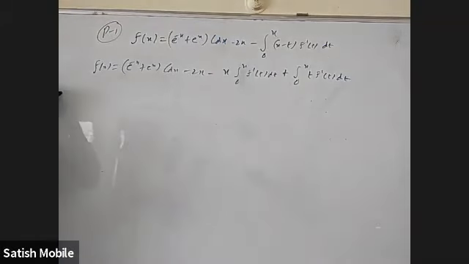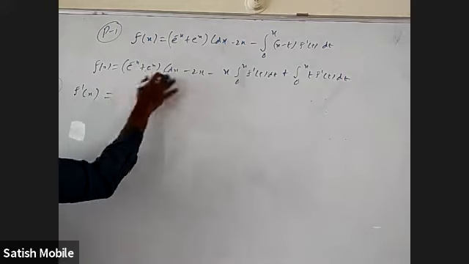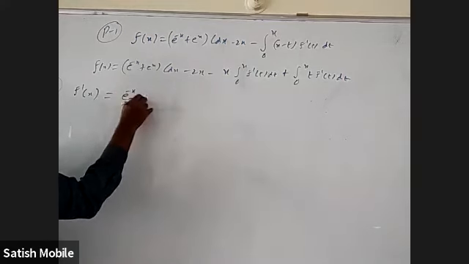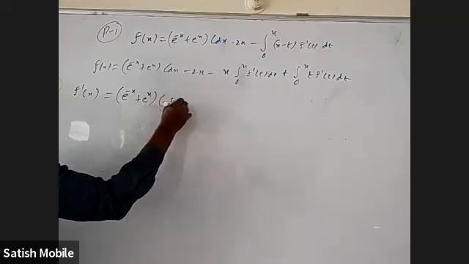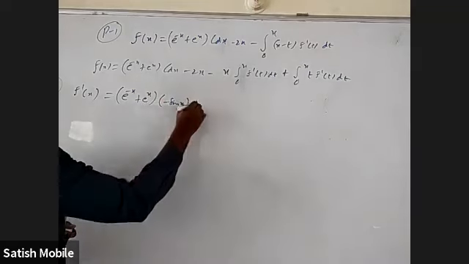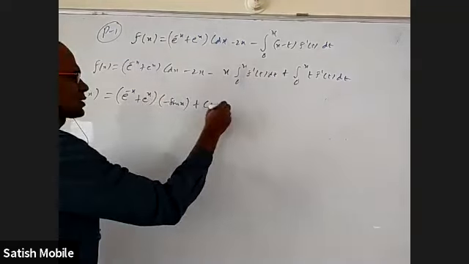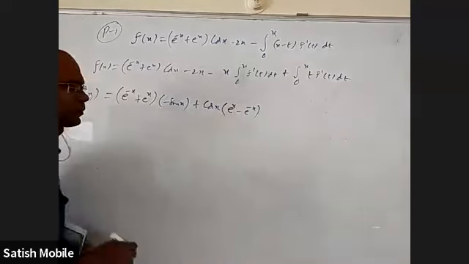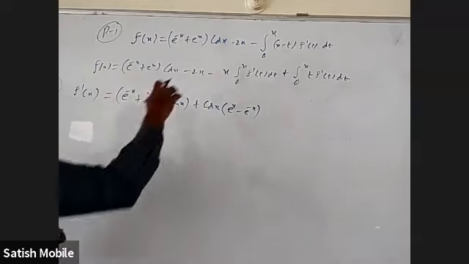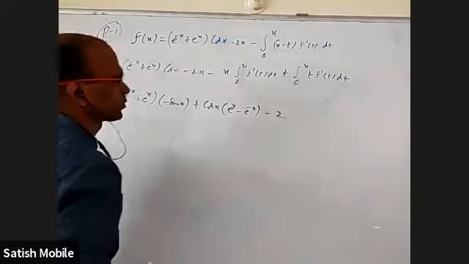Differentiate on both sides. Here I'll get f'(x). And here, product rule: (e^(-x) + e^x) into the derivative of cos x, which is minus sin x, plus cos x into the derivative of this, which is e^x minus e^(-x), minus 2, since the derivative of 2x is 2.